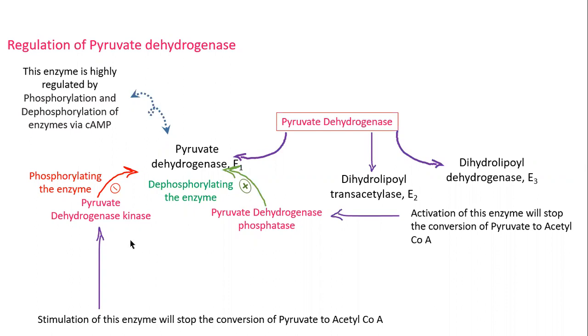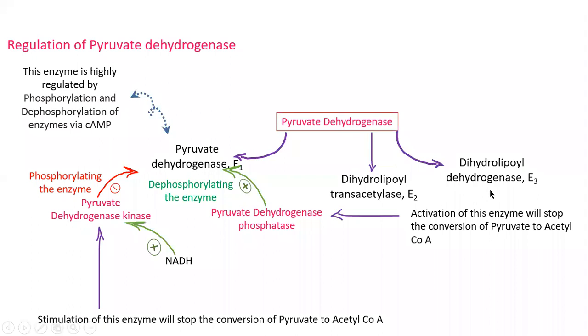But in order to stimulate or inhibit this PD kinase, we require certain molecules. First of all, we'll see how to stimulate this PD kinase. This PD kinase can be stimulated by NADH. Why NADH?